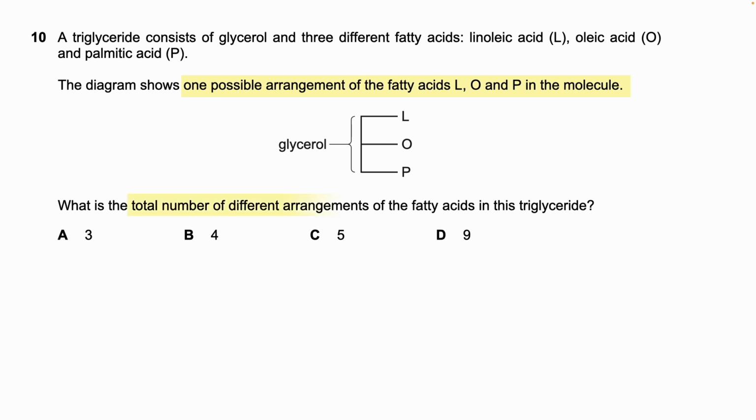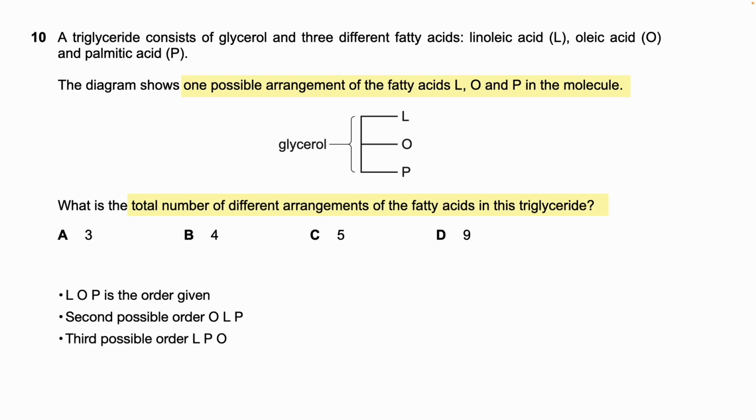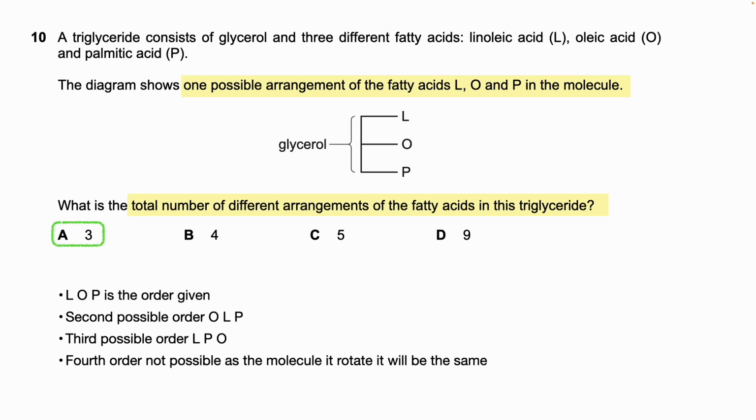Here we cannot go by the permutation method, because however we arrange, the structural orientation will be the same for all the others. LOP is the order given, the second possible order can be OLP, and the third possible order can be LPO. The fourth order is not possible, as the molecule rotates, it will be the same. So the answer is 3.